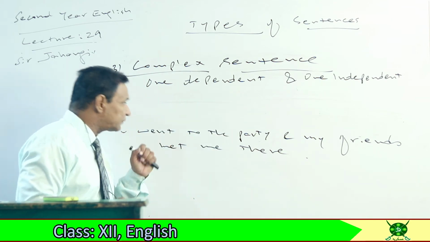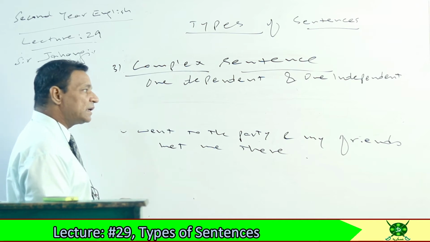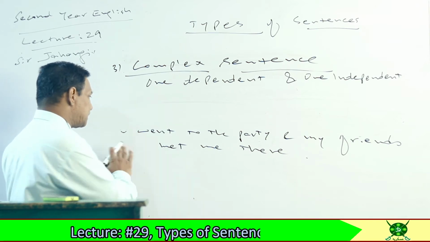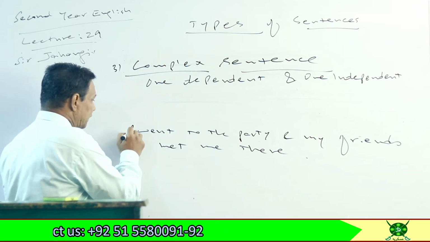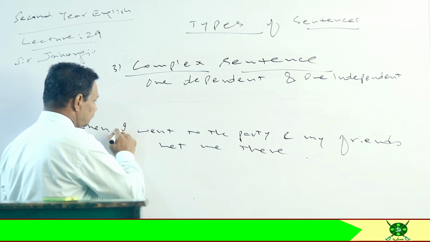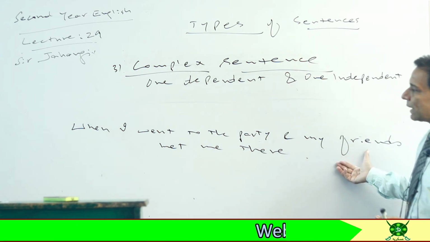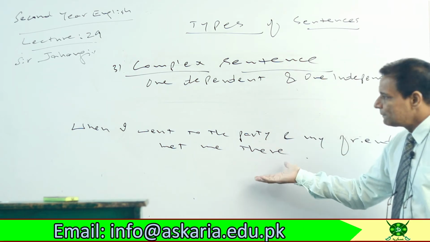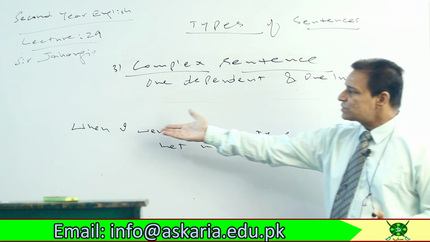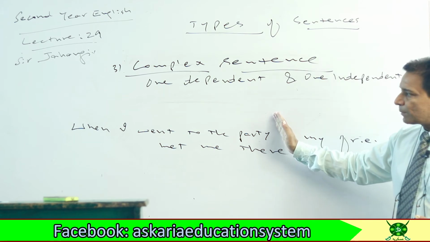Once again, take the same example. I went to the party and my friends met me there. Look here, same. What we did, we just used the word "when," and now it has become a dependent clause.